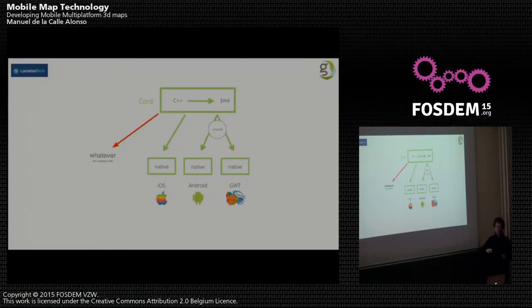All this complex work and all this code is developed in C++. Why C++? Because with C++ we can work on iOS devices, and you have a C++ compiler on any platform. It's the minimal common denominator. So we have the core in C++.